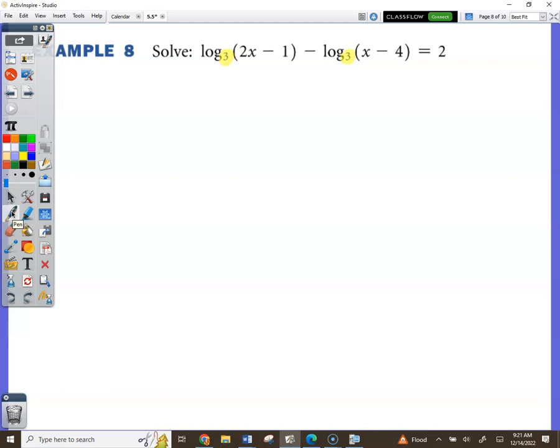Okay, so it's a subtraction. Yesterday's subtraction rhymes with division, so you're going to write it as a single log with a fraction between those of parts.